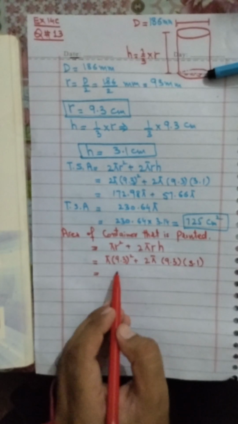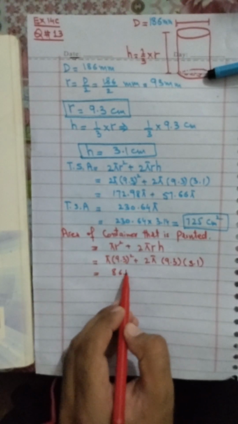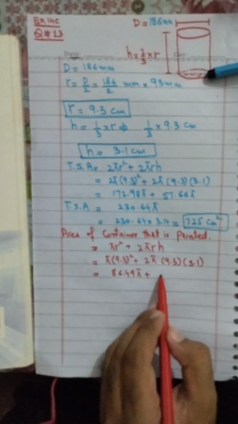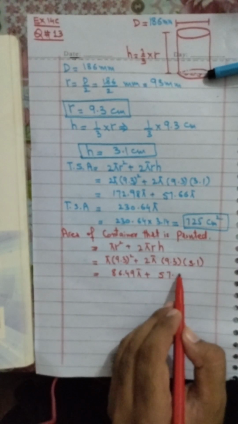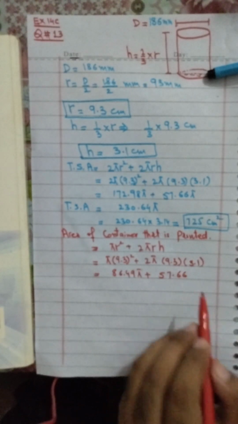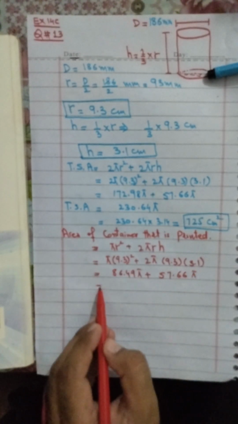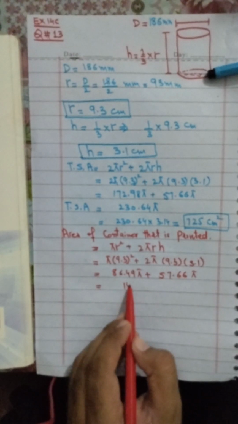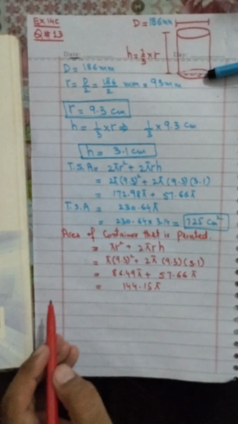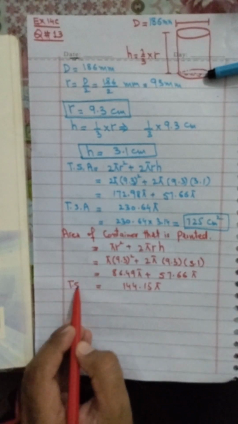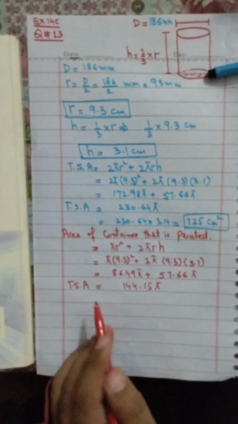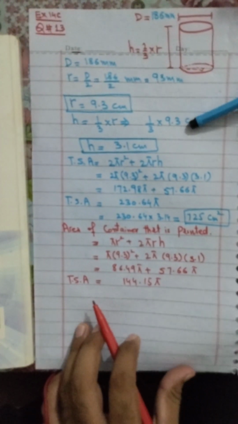When we solve it, it becomes 86.49 pi plus 57.66 pi. When we add these two things, it becomes 144.15 pi. So this is the total surface area when its upper base is left out.